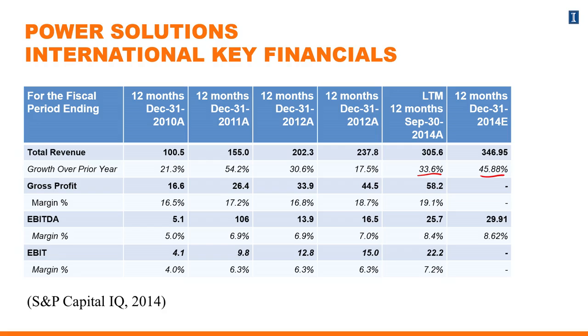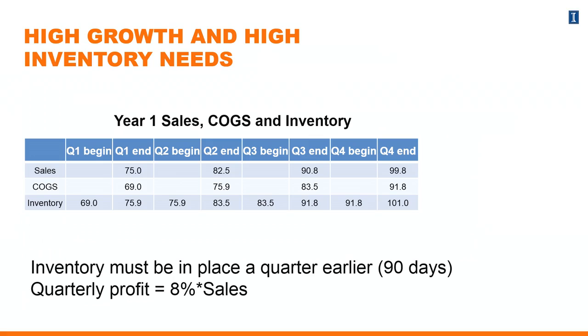The company has about an 8% profit margin, and even the revenue amounts match: about $300 million in annual revenue, 350 expected in 2014. It's a simplification of PSI's problem, but it's going to give a very similar answer to what's actually happening in that company.